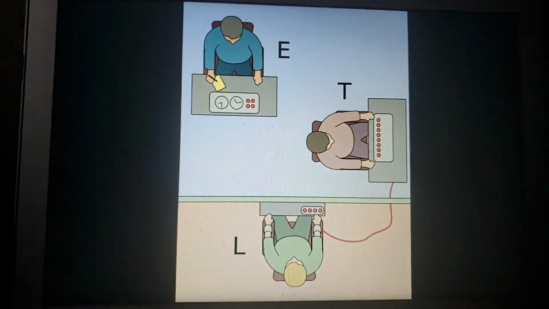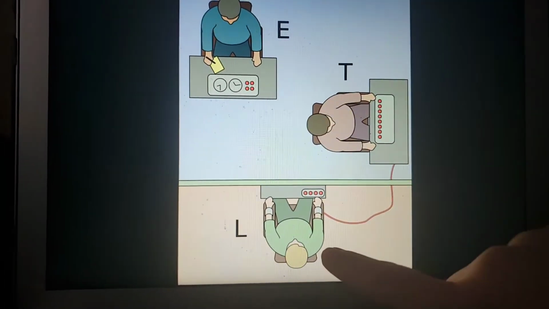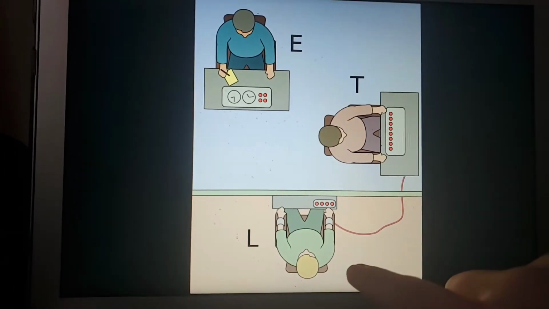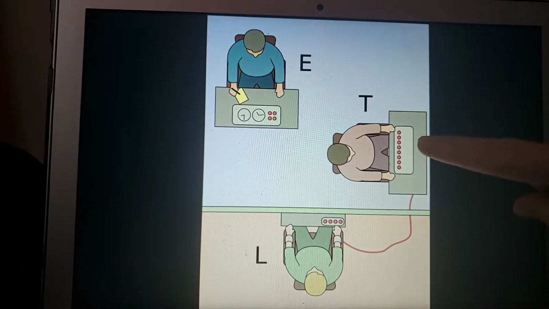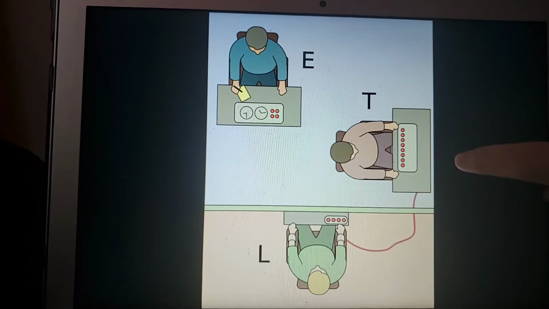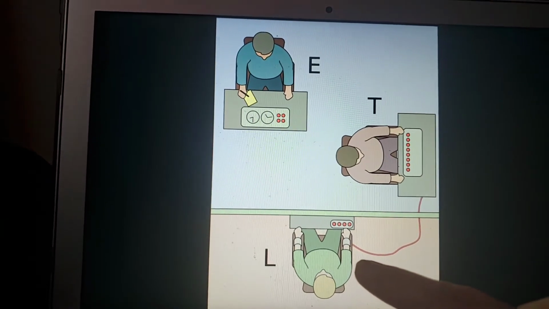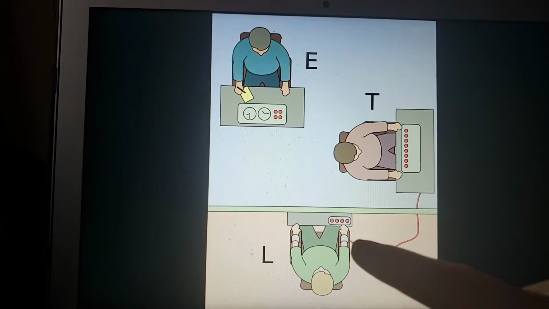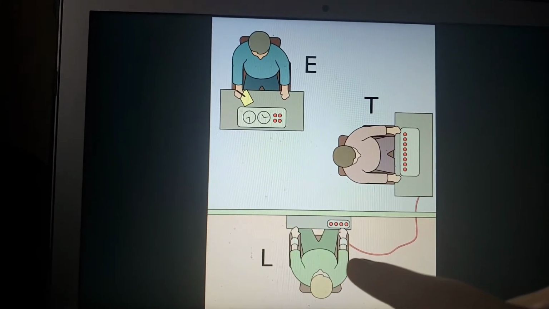So, here's how this works. Letter E and letter L are both actors. This experiment is to see what letter T will do. Letter L is fake hooked up to a thing that will give him electric shocks.